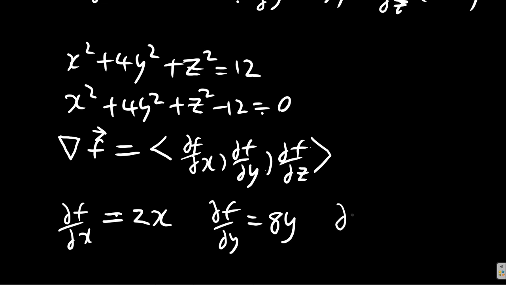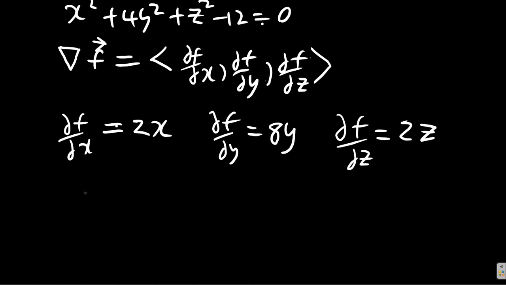Then we find the partial derivative of f with respect to z. Well, x is being treated as a constant, so is y. So these two will be 0. Then we have 2z, and then negative 12 is 0. Alright?